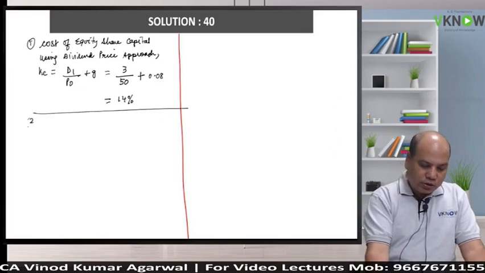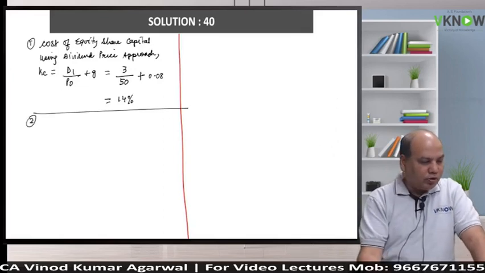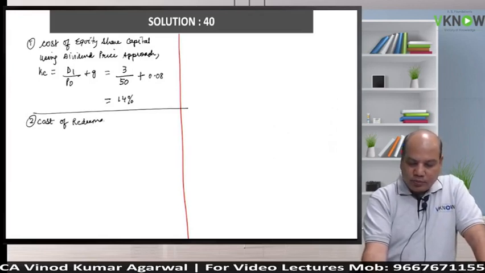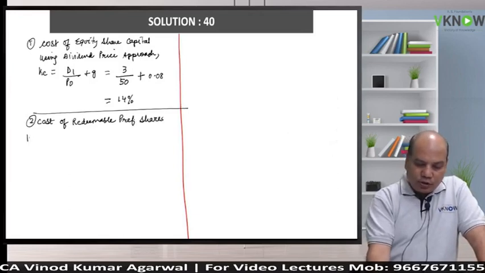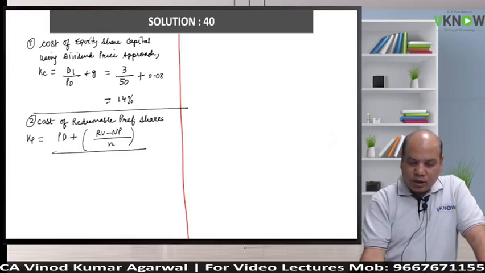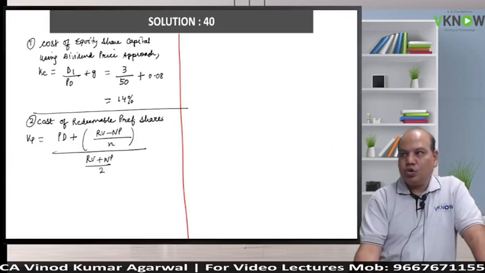Then second, calculate cost of redeemable preference share. The formula for this is preference dividend plus RV minus NP upon N, upon RV plus NP by 2.